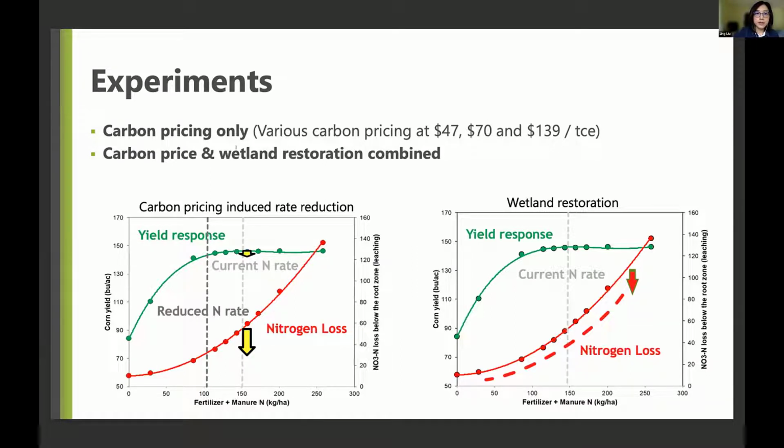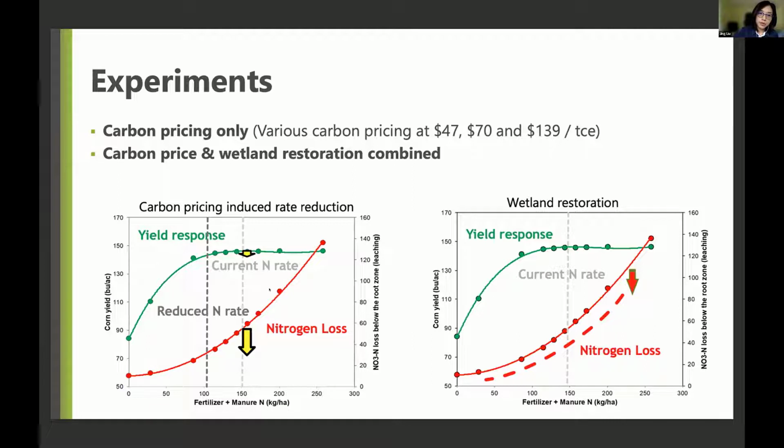But in addition, I also look at the combined policy of those carbon pricing with the wetland restoration simultaneously. So how this works in the model is, if you look at the carbon pricing alone, because of the higher fertilizer cost, that forces the farmers to reduce their application rate from a higher level to a lower level.